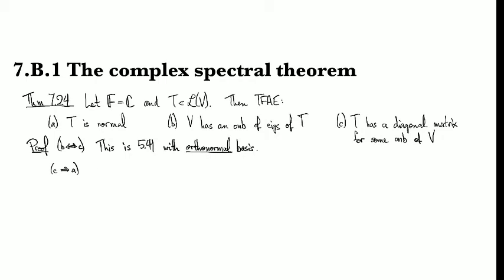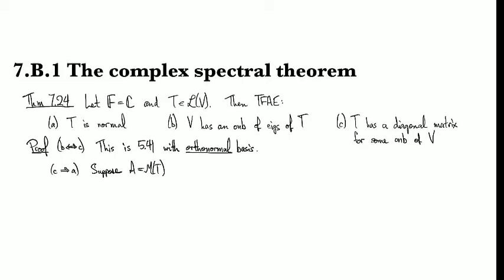Now let's look at C implies A. So for this one, suppose that we have the matrix for T in some basis, and that it's diagonal.